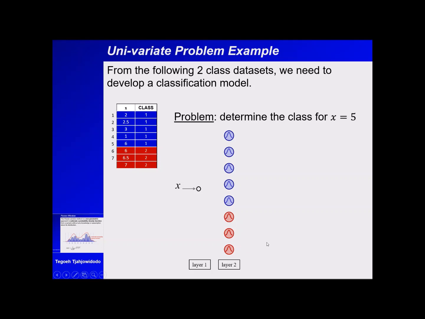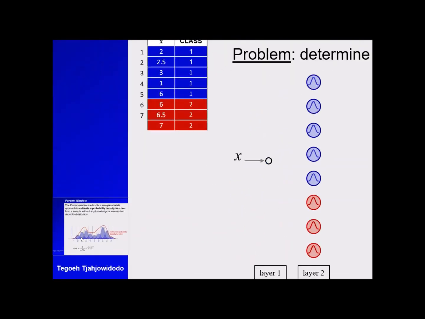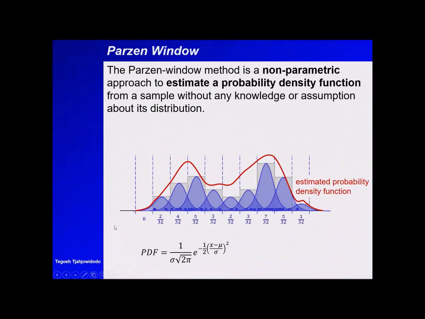So I will construct an individual normally distributed PDF for each of these neurons, just like what we did when we discussed the Parzen window. So each of these individual PDFs is represented in each neuron here, and the middle value here is the value in my training set.